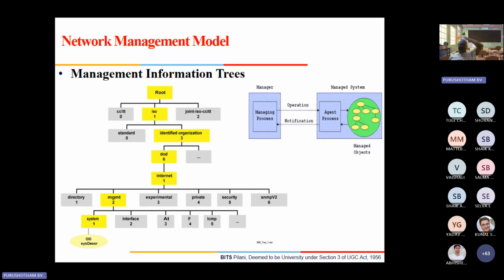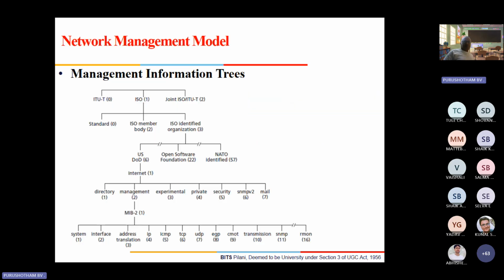So when we identify the system, we go with respect to this MIT structure, which consists of root.iso.identified-organization.dod.internet.management.system, or 1.3.6.1.2.1. That will give you the complete path.